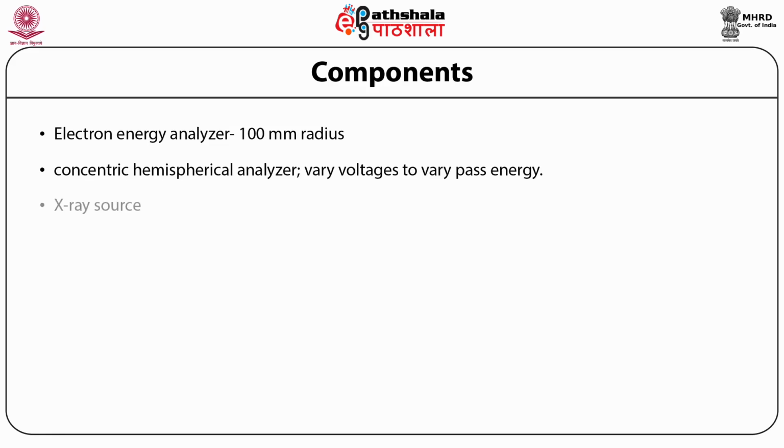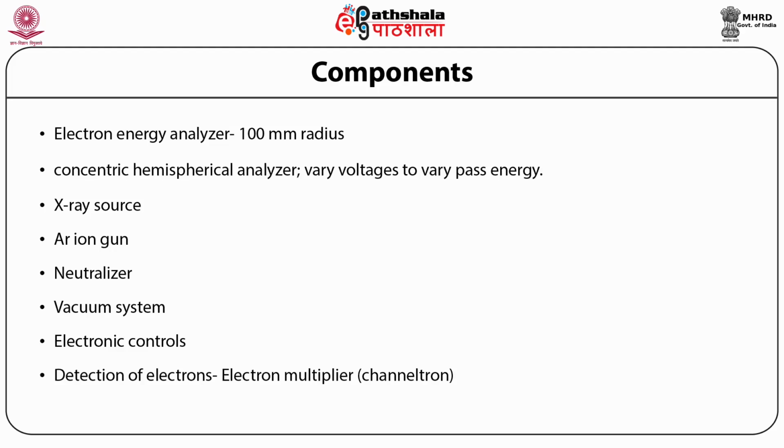Then we have the X-ray source, argon ion gun, neutralizer, vacuum system, electronic controls, and detection of elements by the electron multiplier, also called Channeltron. It avoids surface reactions and contaminations.